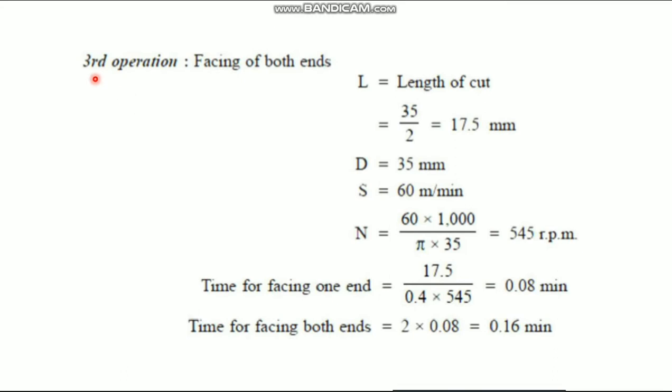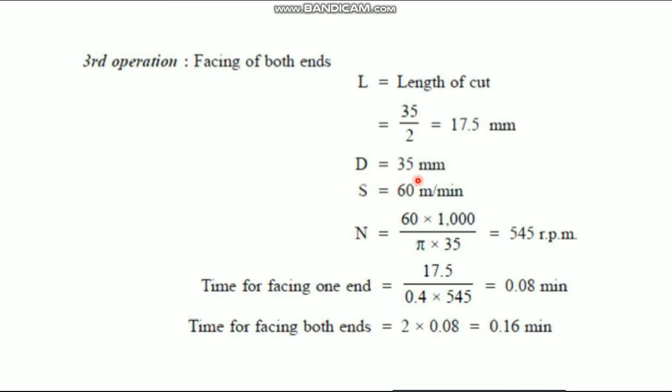Then third operation, facing of both ends. L is equal to the diameter of the bar divided by 2. For facing, it is lateral side machining, and the length of cut for facing is diameter by 2.